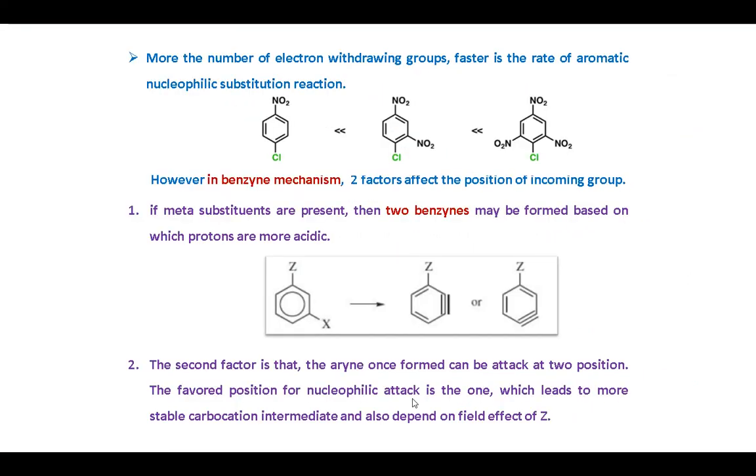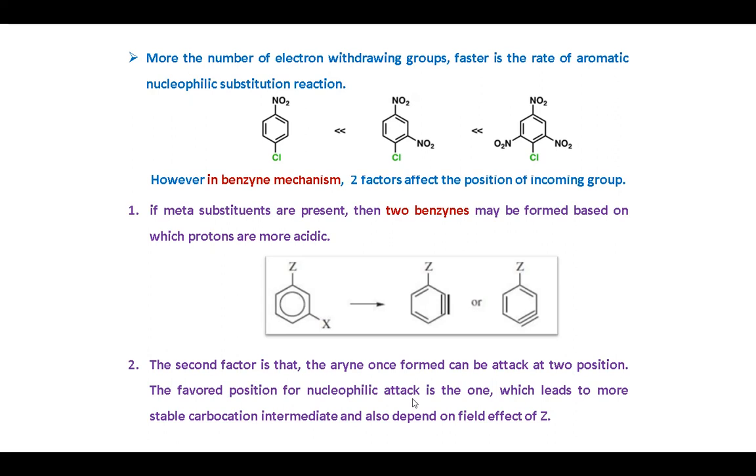As you know, electron-withdrawing groups increase the rate of reaction. From this, it follows that the more electron-withdrawing groups there are, the faster the reaction, because electron-withdrawing groups stabilize the intermediate carbanion. See the diagram.